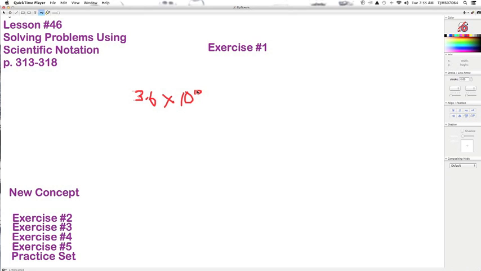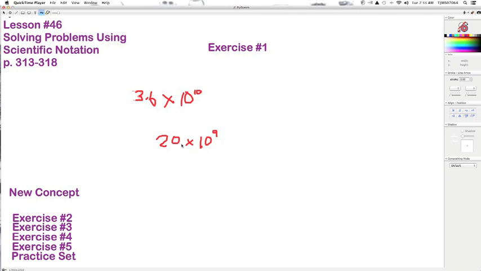Look at B on page 314. It says 4.0 times 10 to the 4th times 5.0 times 10 to the 5th. 4 times 5 is 20. And then we have 10 to the 4th times 10 to the 5th is 10 to the 9th. Now we have one little thing we have to fix here. It says the answer is not in proper form because the coefficient has 2 digits.